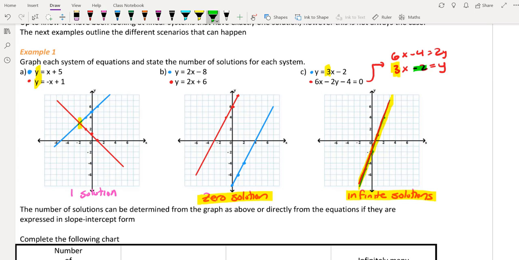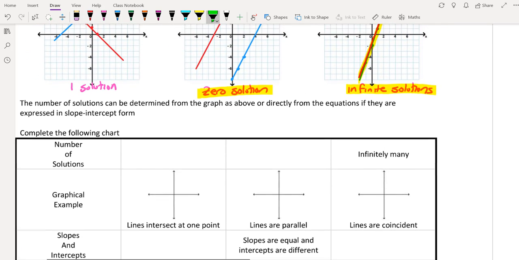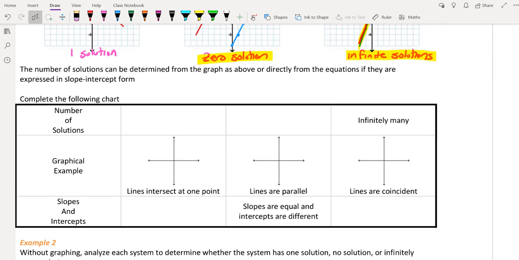The red line has a y-intercept of -2. And the blue line has an intercept of -2. So if the lines have the same slope and the same intercept, they'll have infinite solutions.